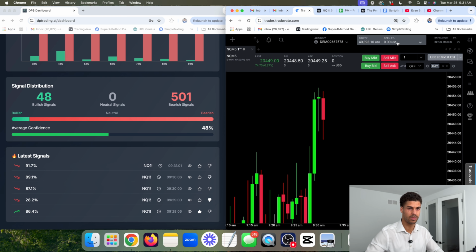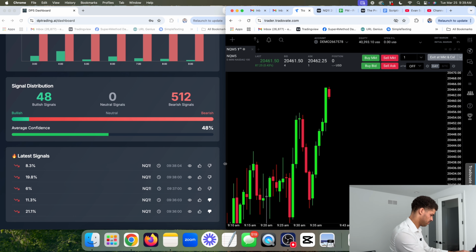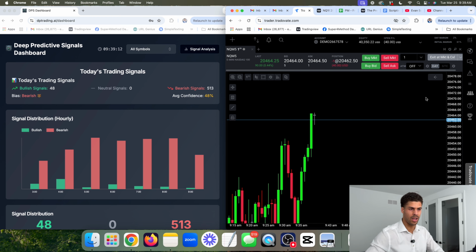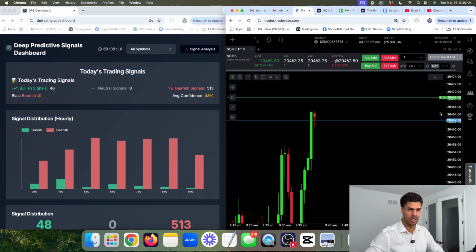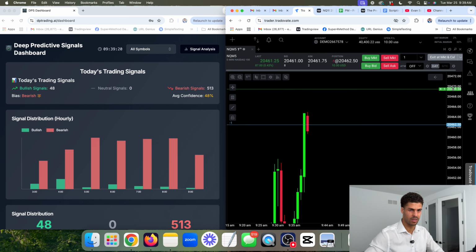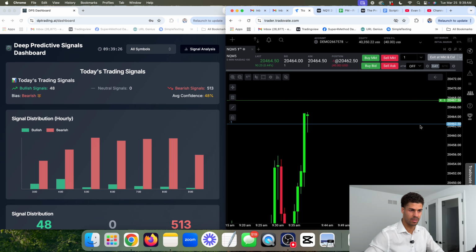Okay, we got hit on that one. Good. Okay. New signal here at 39. We'll take that sell right there. Although I do not believe in this trade very much. I really don't. We'll give it 7 points. Yeah, the ATR is really low right now.